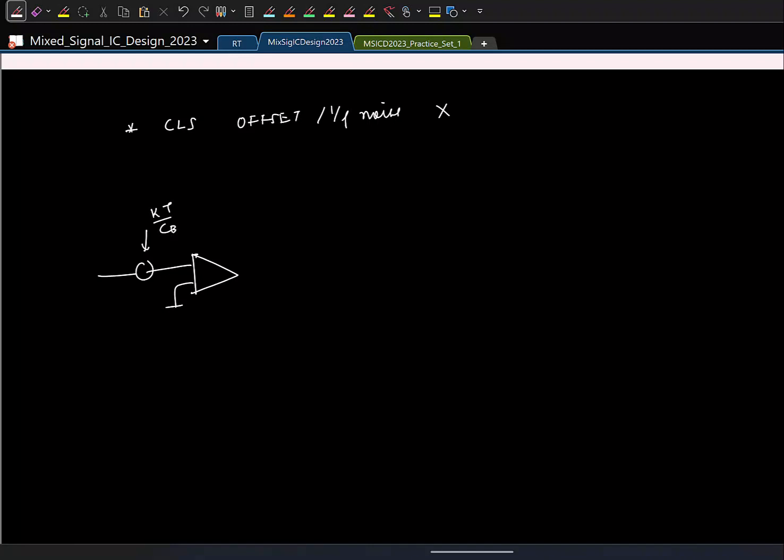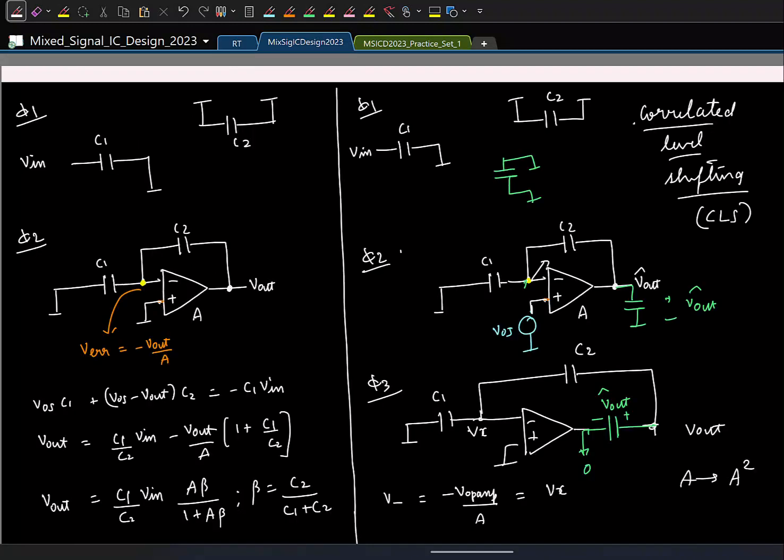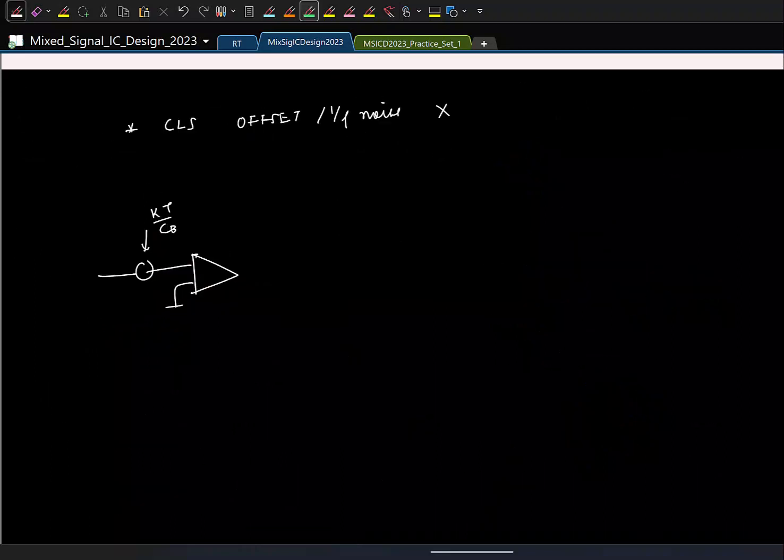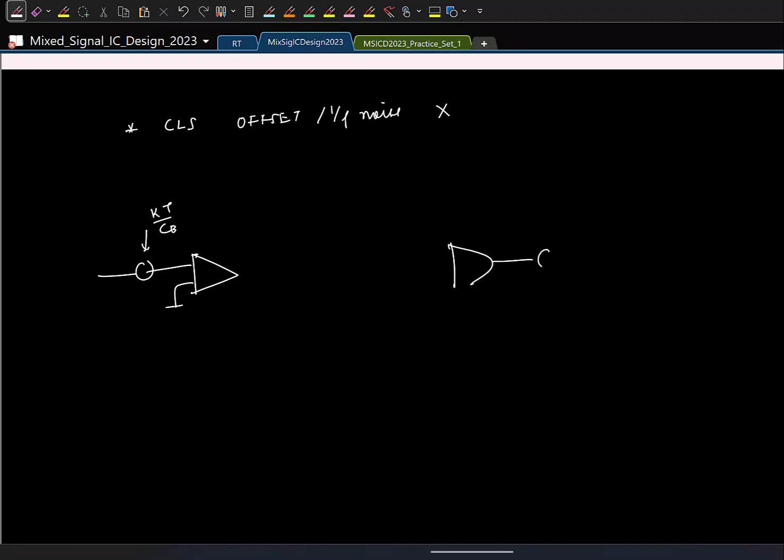In level shifting, we are adding the additional capacitor at the output side. So here again we will have some switches at the output side. That will again introduce noise, and the noise variance will be KT by C. Let us call it CCLS. So here again noise will be there, but at the output side, this is KT by CCLS.